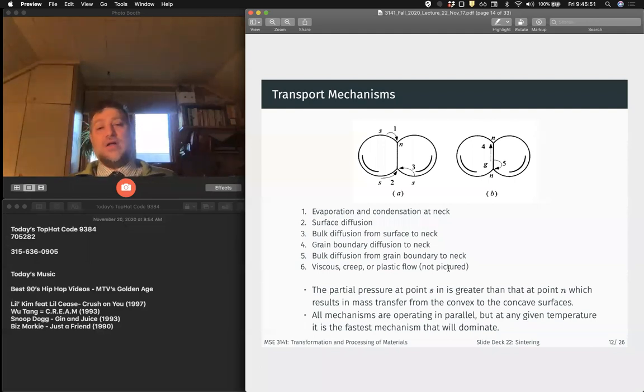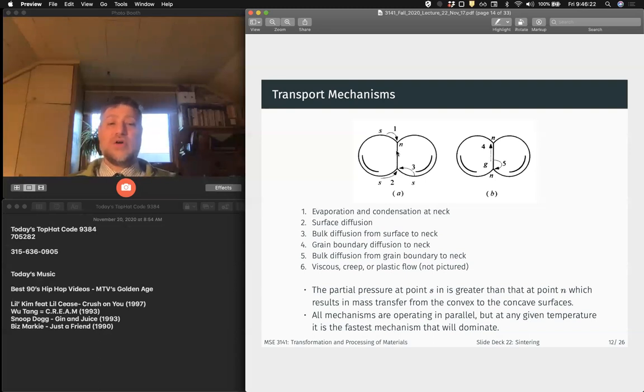What's important to remember is that all six of these mechanisms are happening simultaneously, but the overall microstructure evolution is going to be dominated by whichever one is operating the fastest. So we need to set a pressure and temperature range to select the mechanism or mechanisms that's going to give us the final microstructure that we want.